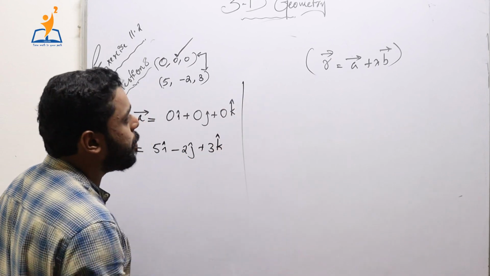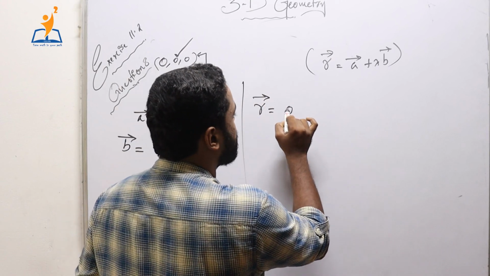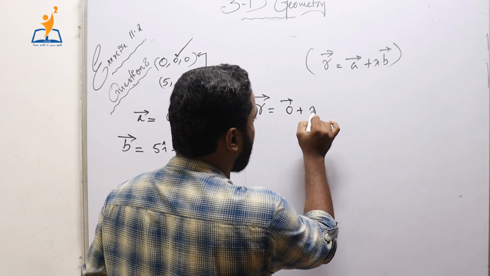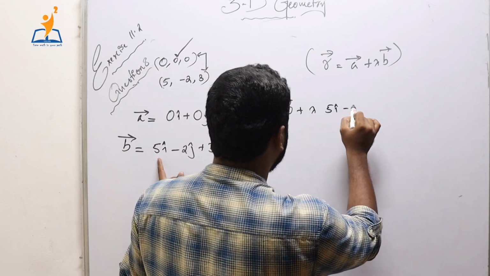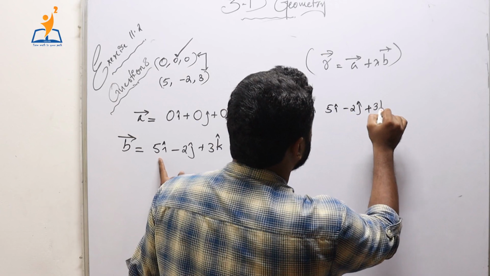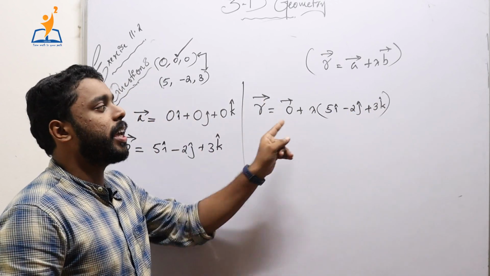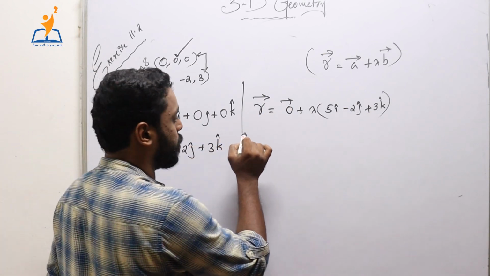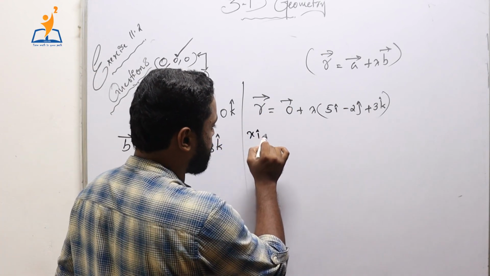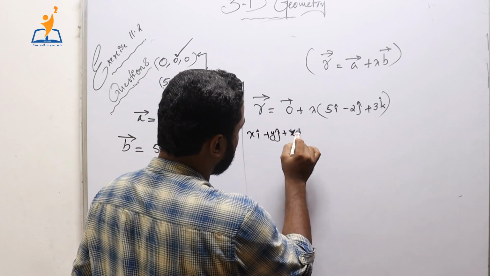So now it is very simple. r is nothing but A, which is 0, plus lambda into, what is B? 5i cap minus 2j cap plus 3k cap, isn't it? Now always remember that this 0 is nothing but 0i cap plus 0j cap plus 0k cap. Now we want the Cartesian equation, just like before we rename r as xi cap plus yj cap plus zk cap.